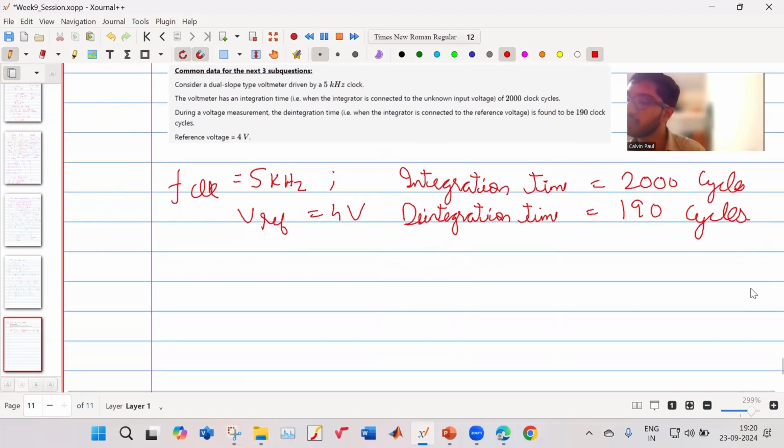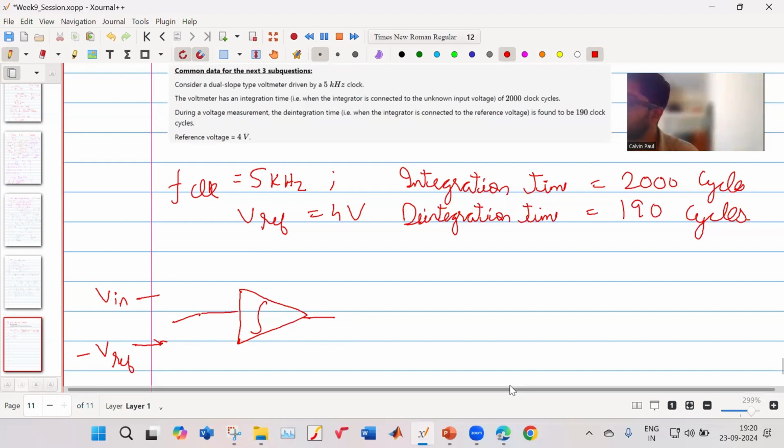So what is a dual slope voltmeter? We have this integrator, right? It is either connected to your input or it is connected to your minus V reference. Okay. Initially, it is first connected to your input.